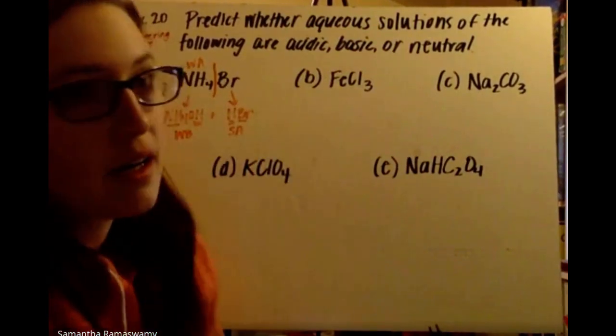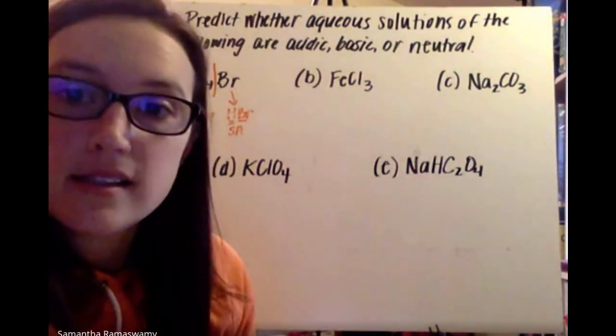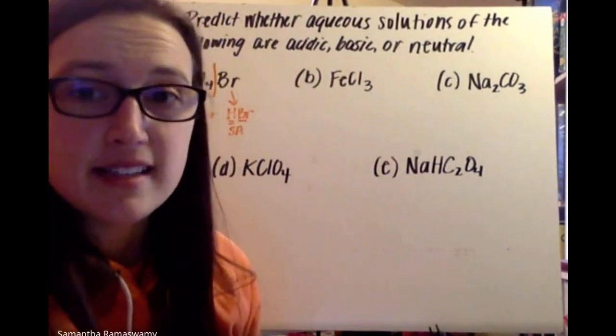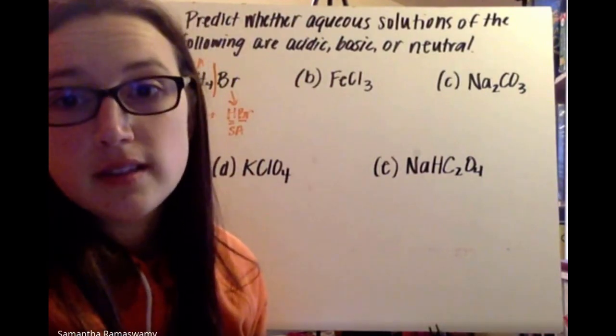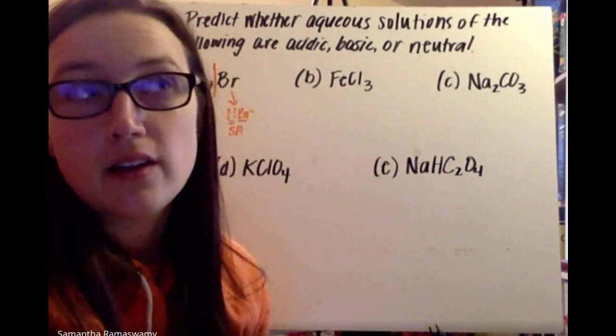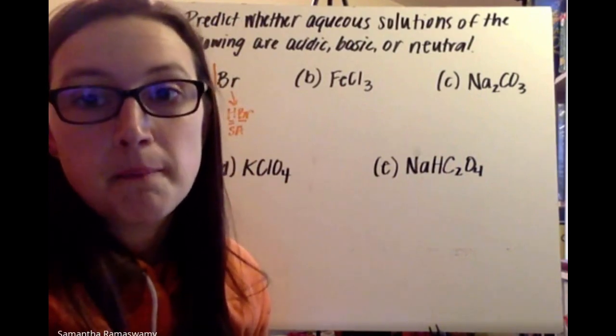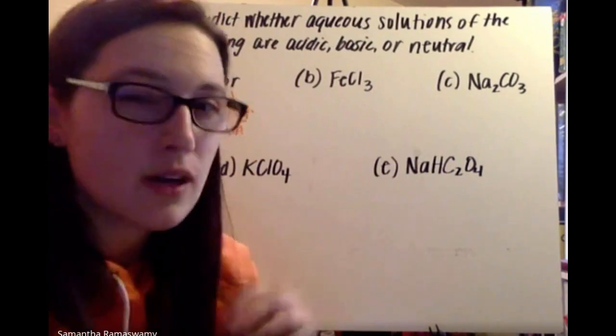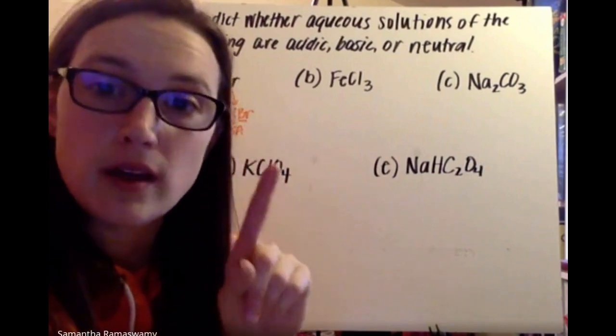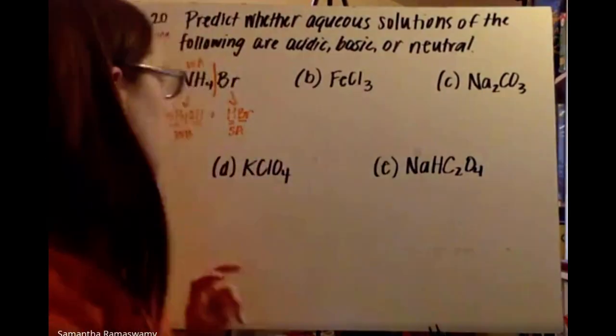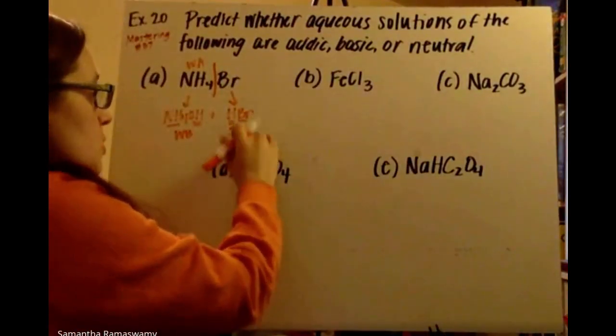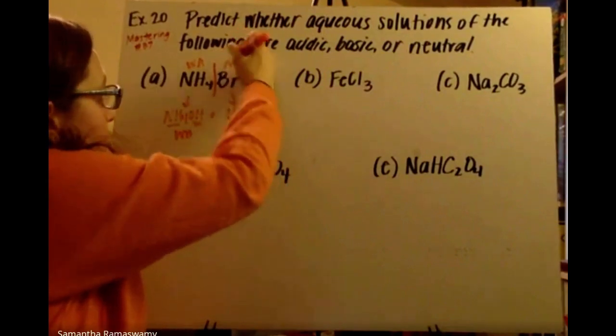If HBr is one of the 7 strong acids, Br minus is neutral. Br minus is actually the conjugate base. It's neutral. You still can only have a weak or strong neutral pairing. So HBr is a strong acid, Br minus is neutral.